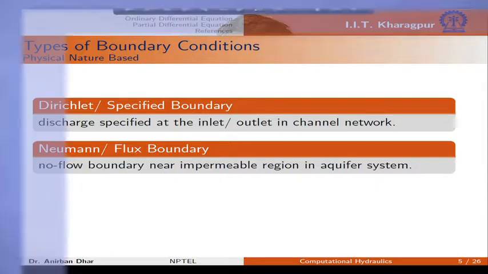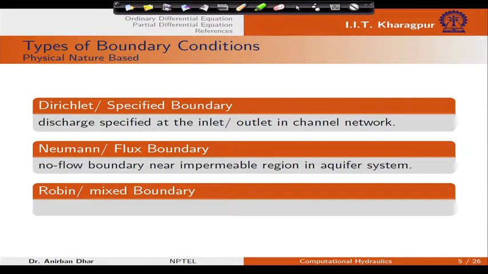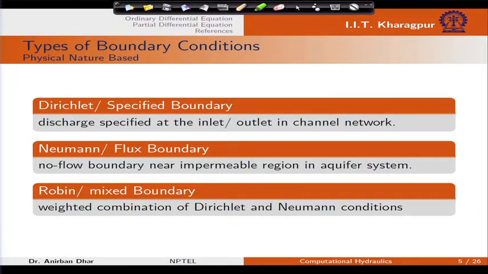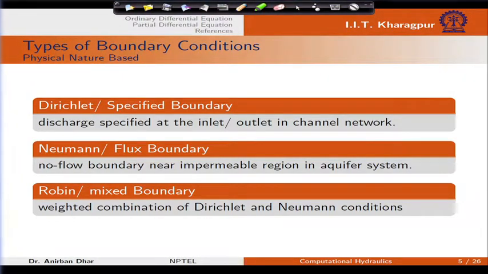Example is a no flow boundary near an impermeable region in an aquifer system. Let us say that we have a rock boundary, then obviously there will be no flow in the aquifer system, and we can consider that as a zero flux boundary. Robin or mixed boundary is the combination of Dirichlet and Neumann condition, essentially a weighted combination of Dirichlet and Neumann.